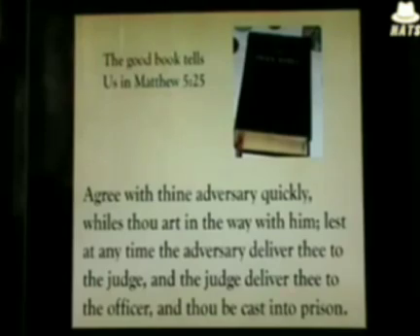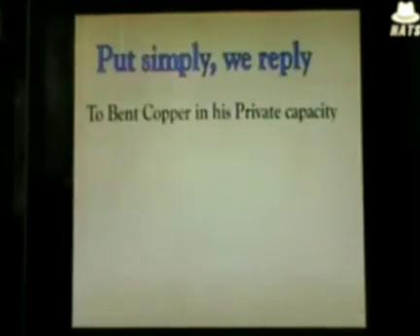So rebut it quickly and do it in private. Never go to court. Only corporations go to court. So rebut it quickly. Send the paperwork straight back to the person who served it on you, rebutting that you are the defendant. Put simply, we reply to the bent copper in his private capacity.